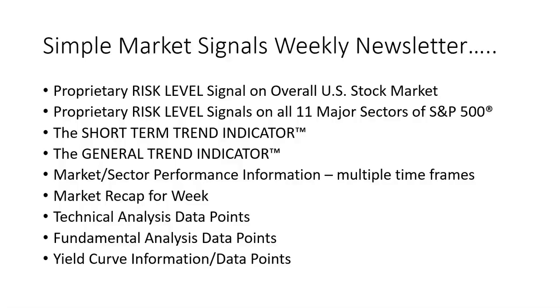You will also receive market and sector performance information over multiple time frames. You will receive a recap of what happened in the stock market for the past week. You'll also receive technical analysis information, fundamental analysis information, and yield curve information. There is a ton of information every week in this Simple Market Signals newsletter.